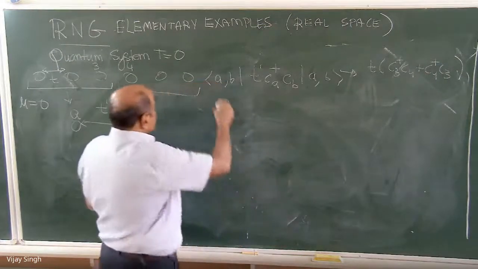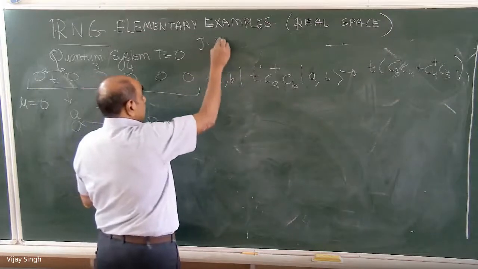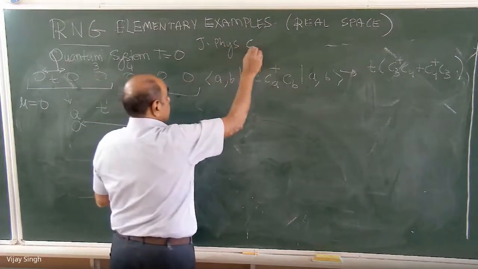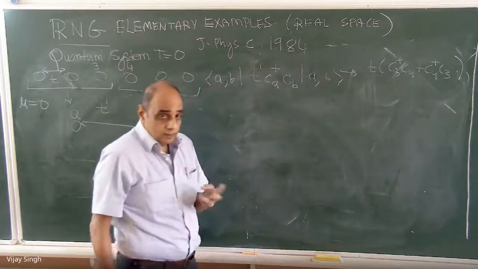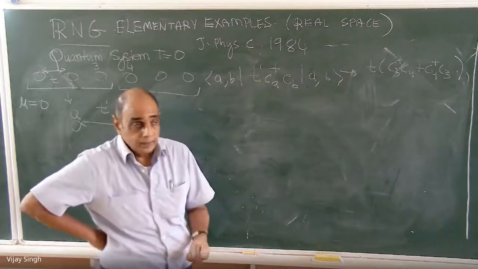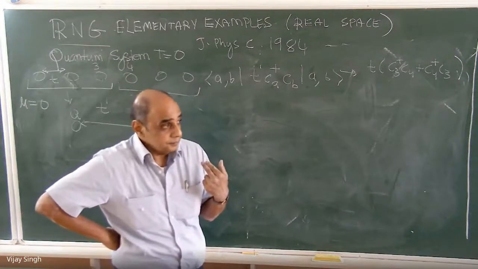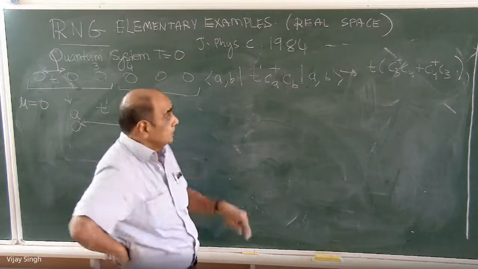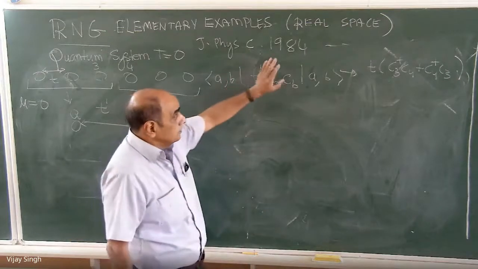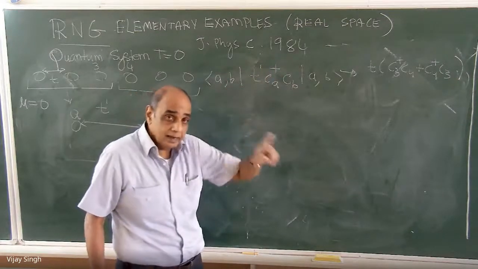And this procedure is in the Journal of Physics C. This is a 1984, not 1985, paper by 3 people. One is Guru Nandan Bhatt and myself and Christopher Rao. And I think I mailed the paper to you.